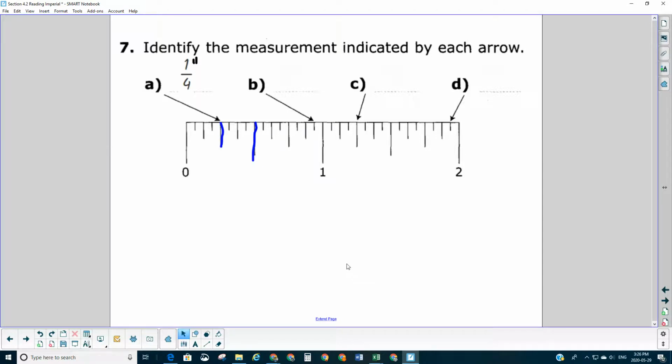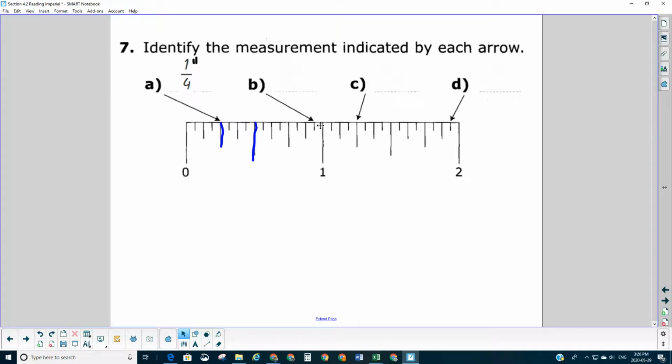What's next? Well, B is next. And you see that it is almost 1 complete whole. It is only 1 tick less than a whole. But the key is, which tick is this? This is the smallest tick, which means I must be talking 16ths. Let's just see. 1, 2, 3, 4, 5, 6, 7, 8, 9, 10, 11, 12, 13, 14, 15, and 16.